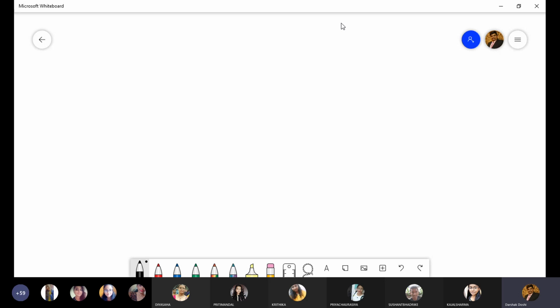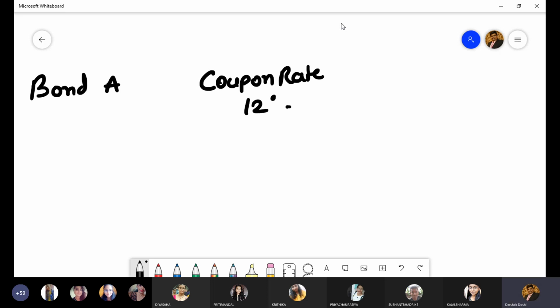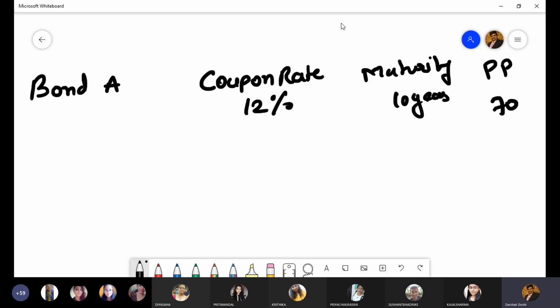Write down a question. Bond A, coupon rate 12%, maturity 10 years, purchase price 70, face value rupees 100.